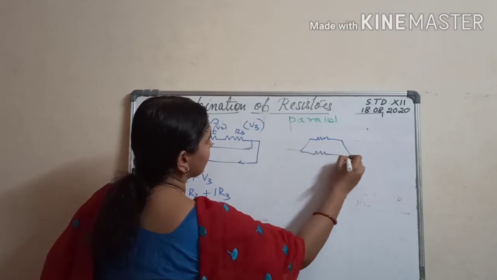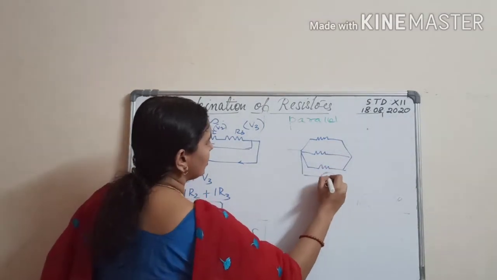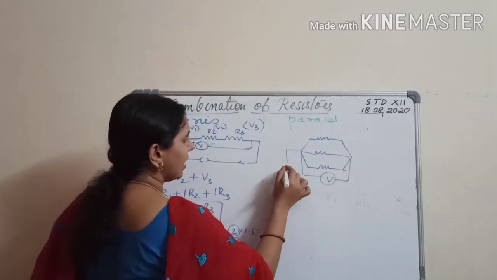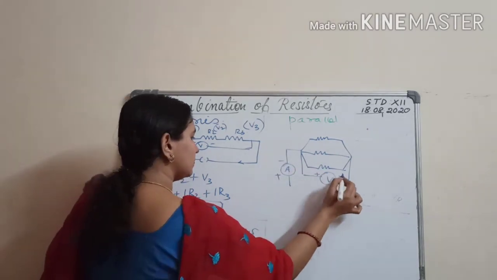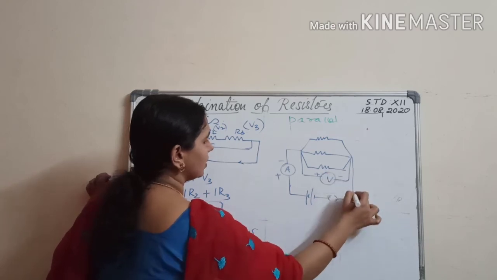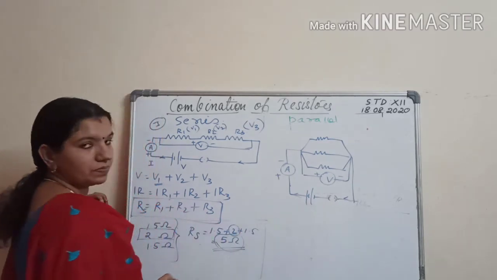Now for parallel connection, you will take the diagram like this, this is the parallel connection. Voltmeter is connected across, then ammeter is there, cell or a battery, then direction of current.